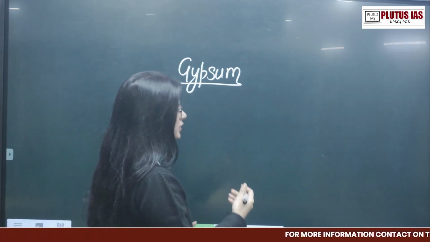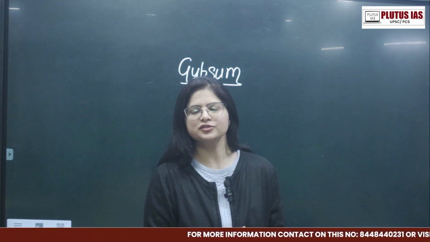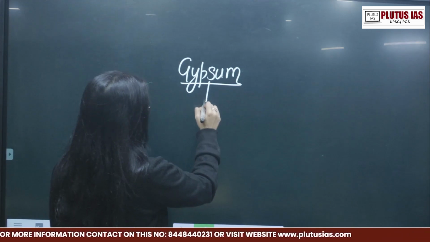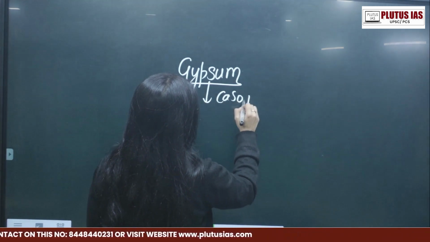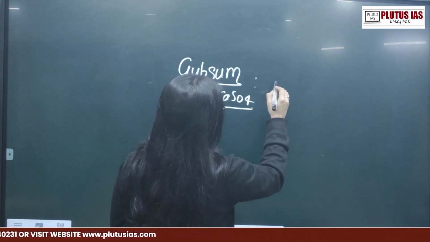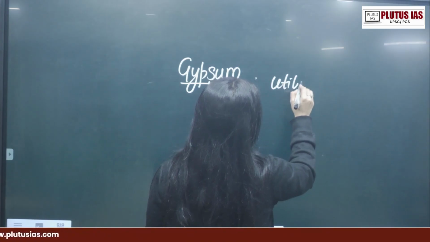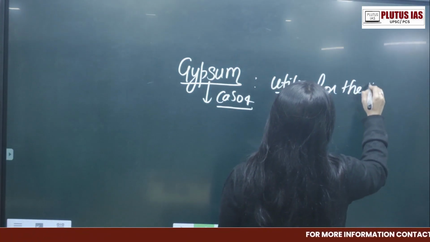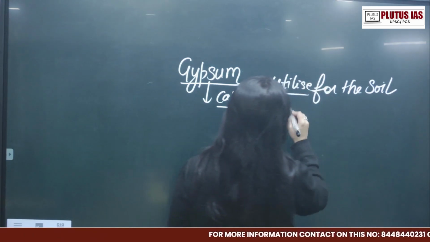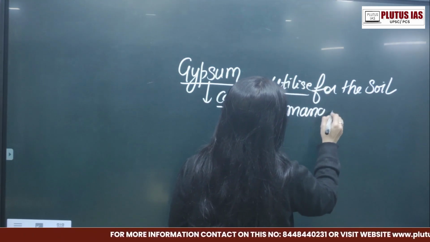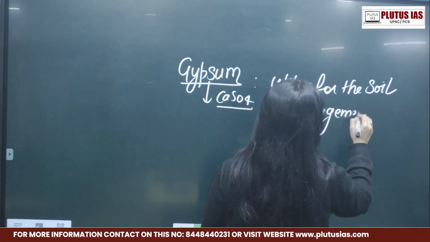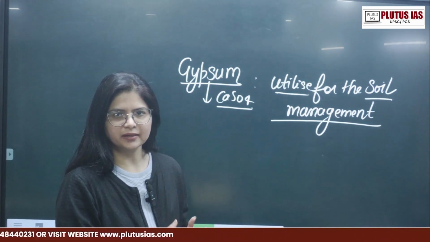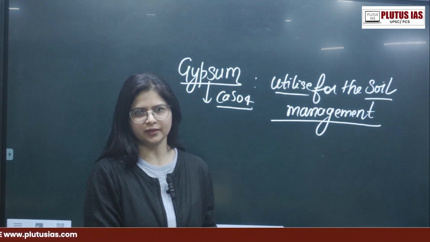The formula for gypsum is CaSO4, which is calcium sulfate. The application of it is in soil management. Whenever the pH of any soil gets disturbed, one can use gypsum for balancing the pH, and hence it gives better productivity in that area.